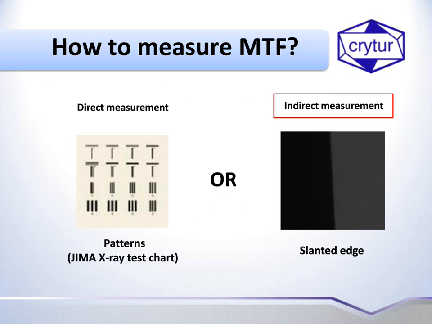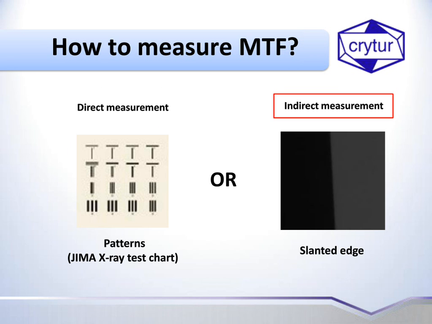So how to measure MTF practically? Well, there are two ways. As Colin pointed out, there are certain patterns. It's USAF for visible light, but for X-ray we need the GIMA X-ray test chart, which has a clear number of line pairs which will be imaged by the system, and by seeing the image and getting the parameters of the image, we can see how many line pairs will be visible in the image.